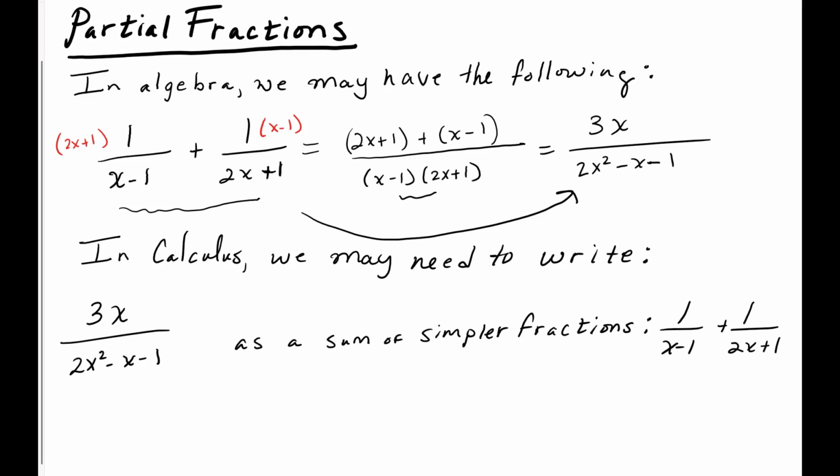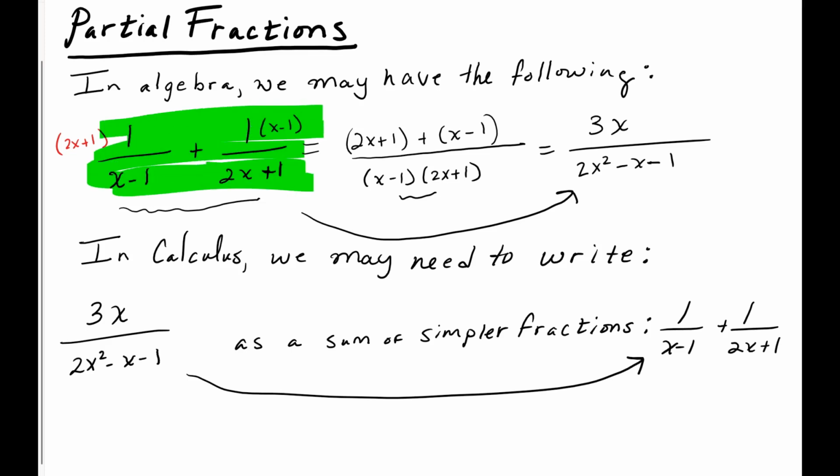Those simpler fractions would be what we started off with in algebra. So you have to really break it down to what you originally had. Notice the connection, and you'll start to understand why we were doing it in algebra class.